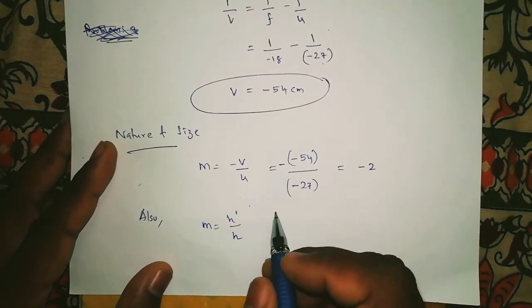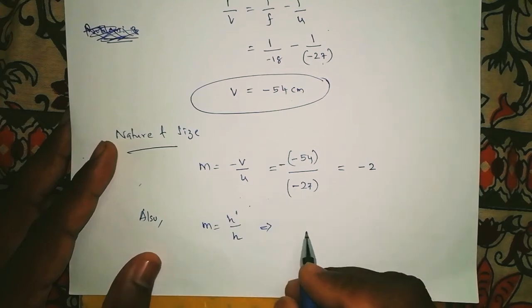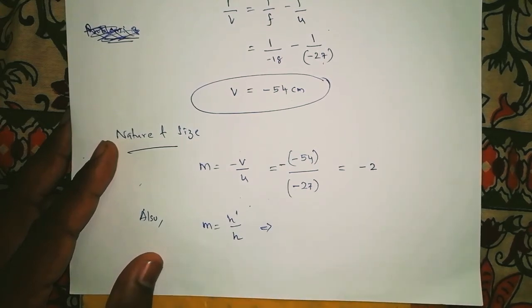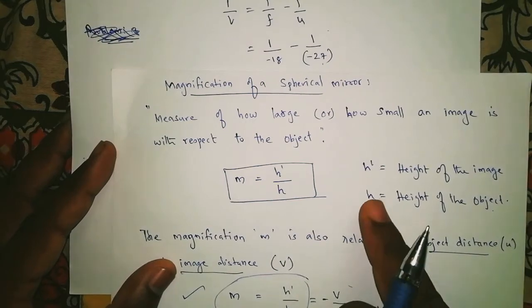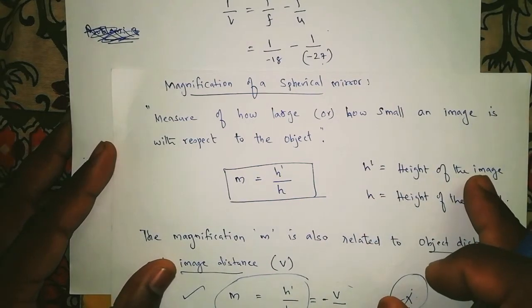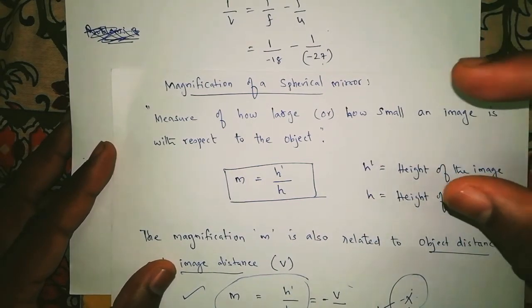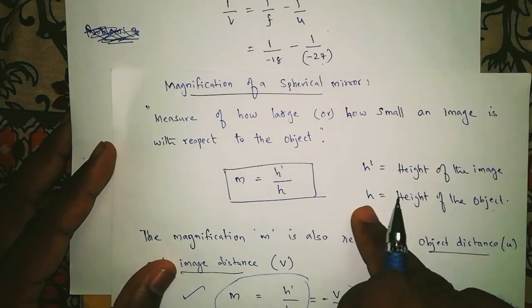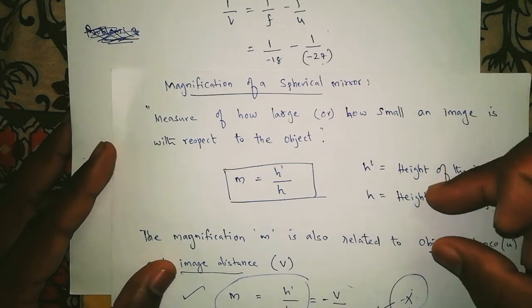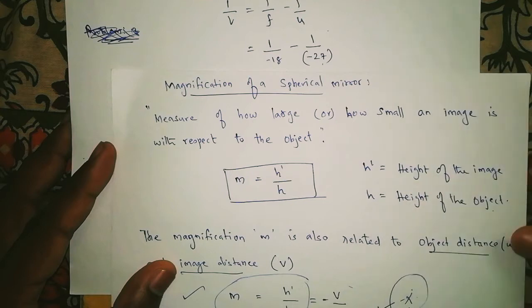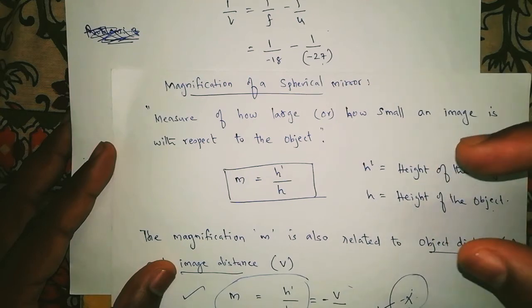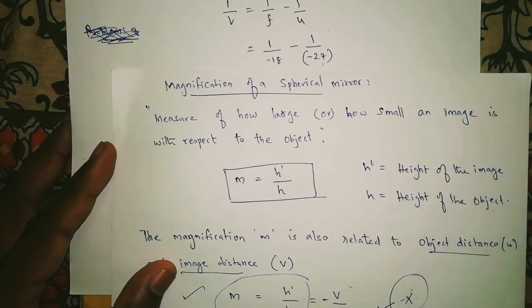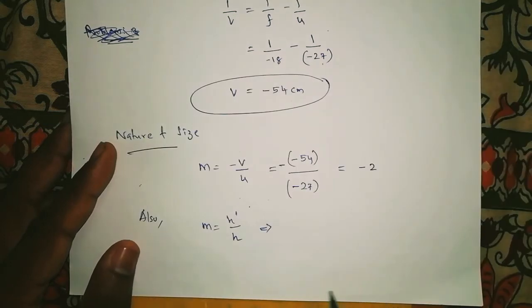What is this h dash by h? H dash, we have also learned, is the height of the image, and h is nothing but the height of the object. The height of the object that we learned in the starting, the size of the candle, is 2.5 centimeter. The height of the image we have to find now.